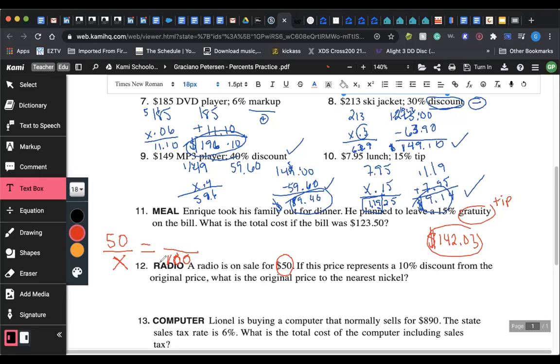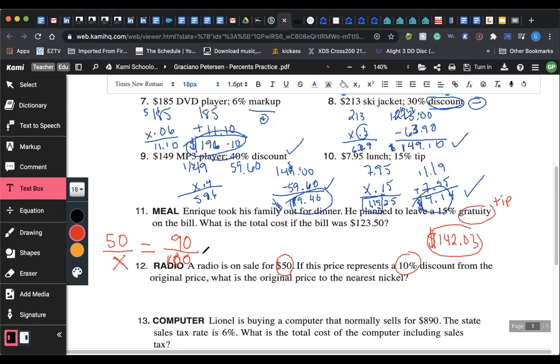That's the original price, so that's 100%. But this $50 is what percent of the original price? No, it's 10% off the original price, right? So it is 90% of the original price. Okay, gotcha. It is 90% of the original price.